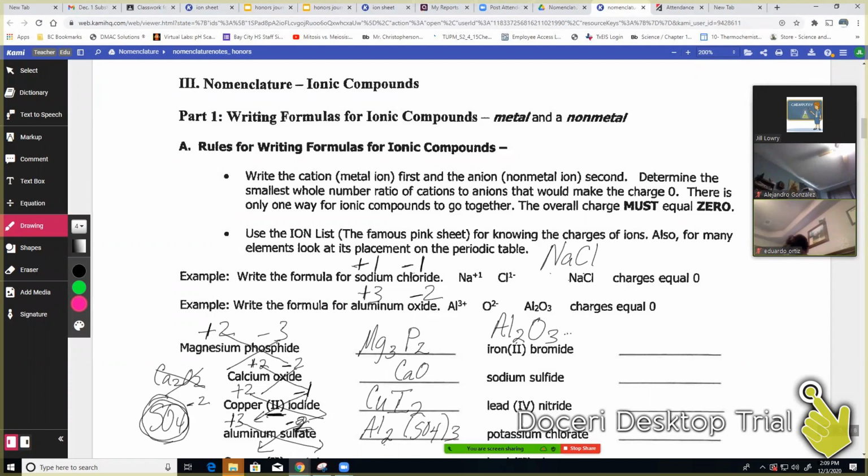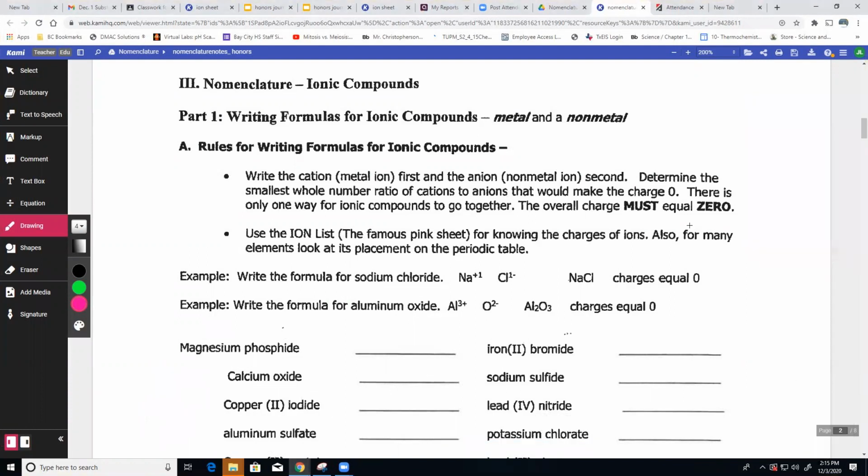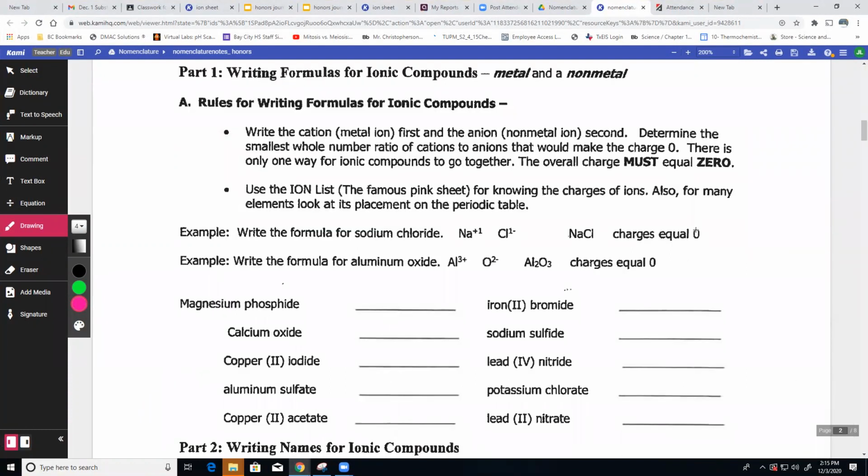All right, y'all take a minute and try out those next few. Start with copper 2 acetate. So Alejandro and Eddie, we're going to take a minute and starting with copper 2 acetate, give you all a minute to try those out.